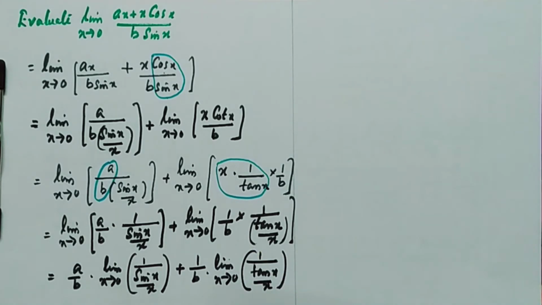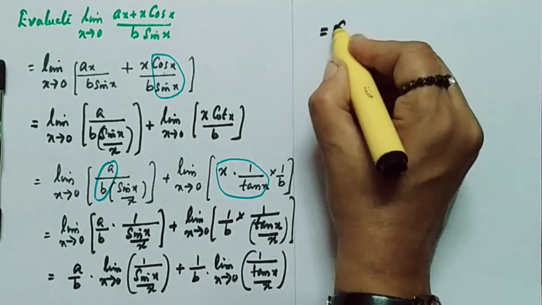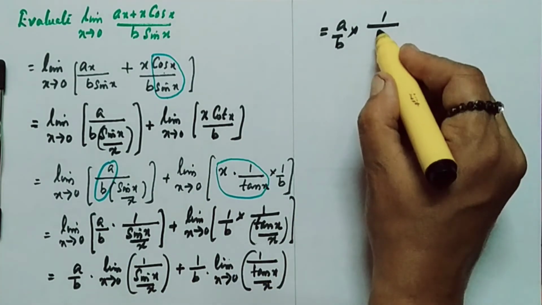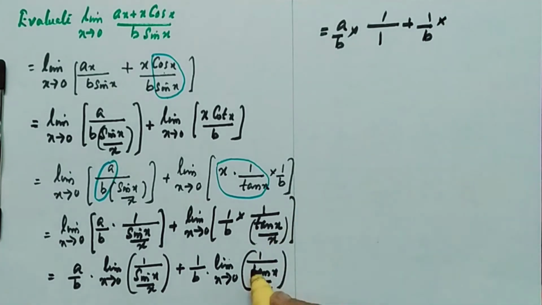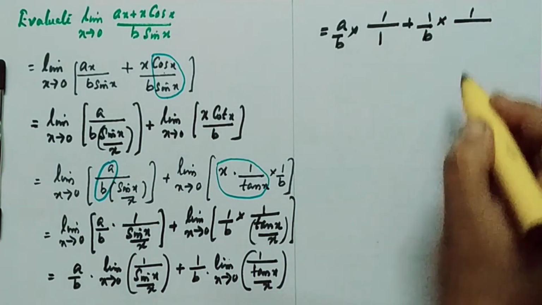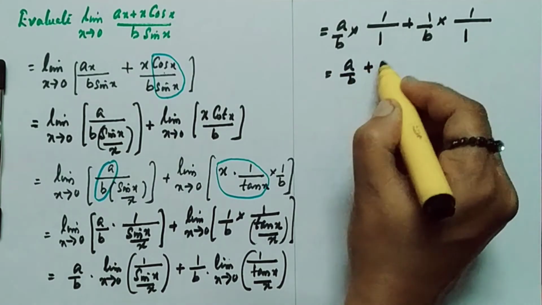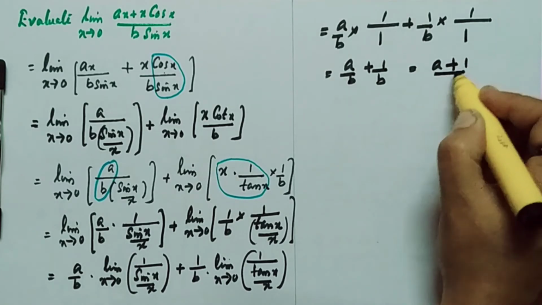Now this is equal to a by b into, the numerator is 1 by the denominator limit theta tends to 0 sin theta by theta which is 1, plus 1 by b into, here the numerator is 1 by the denominator limit theta tends to 0 tan theta by theta which is 1. So the answer is a by b plus 1 by b, which is the same as a plus 1 by b.